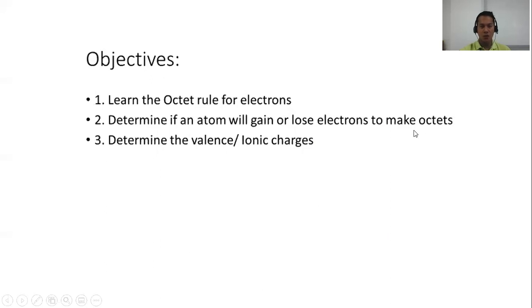All the elements' goal is to make 8. It's either they will lose electrons or gain electrons. And we determined as well the valence and the ionic charges. I hope this discussion will help you in your future chemistry lessons.